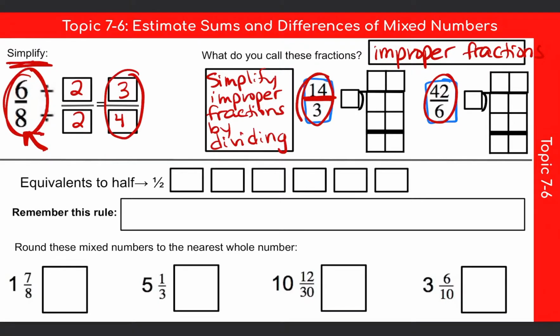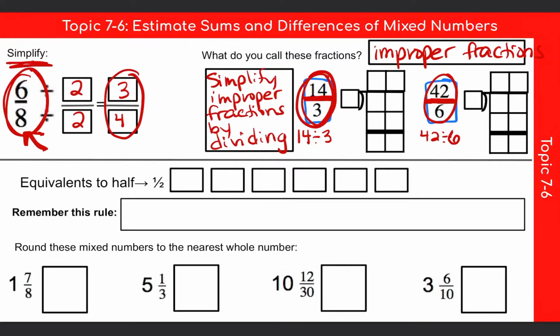So another way to write 14/3 is just 14 divided by 3. And this one right here, 42/6, is the same thing as just saying 42 divided by 6. So to simplify these fractions, all we do is divide.